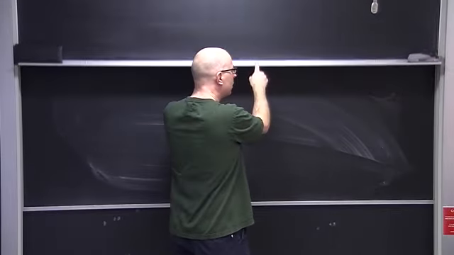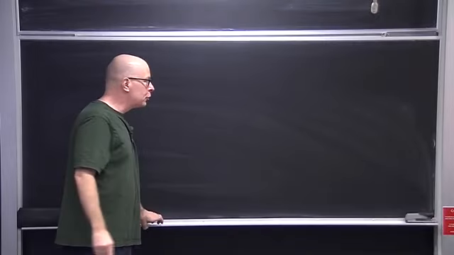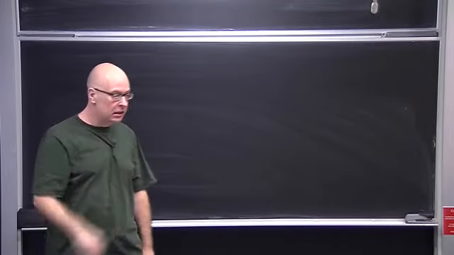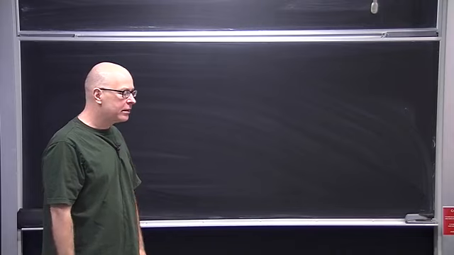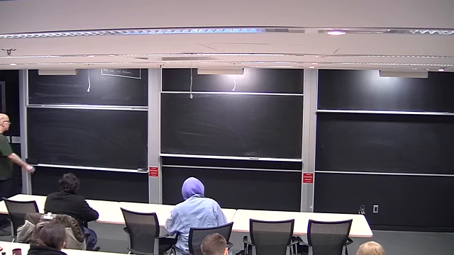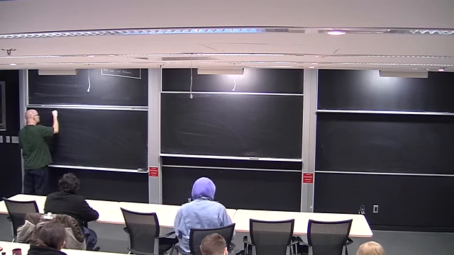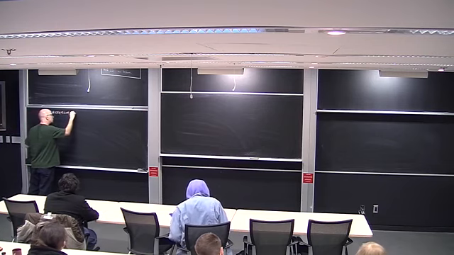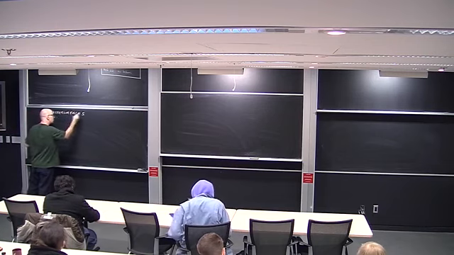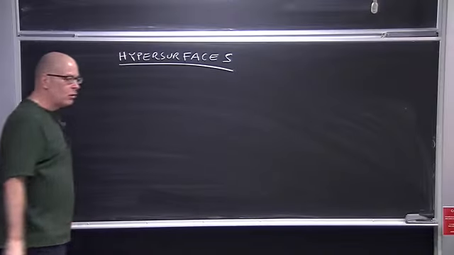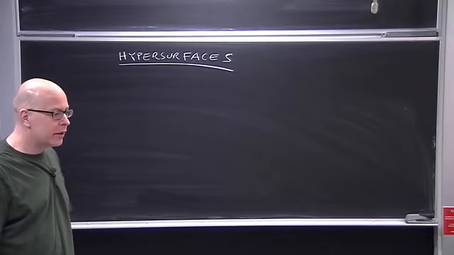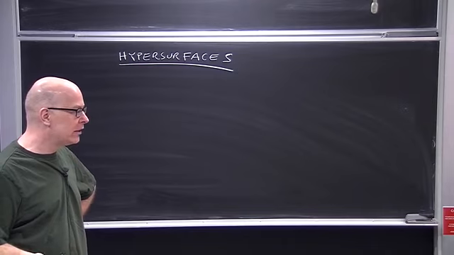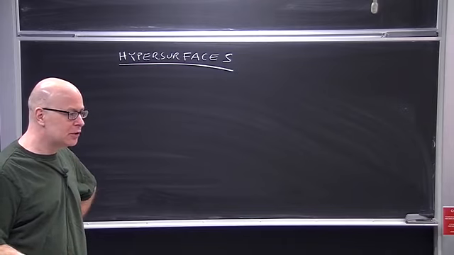Today we're getting started on chapter 3, which is all about hypersurfaces, and it turns out that there's lots of applications that relate to the topic of hypersurfaces. So we're going to learn all sorts of things. So the first thing that we're going to go through is how to describe hypersurfaces.